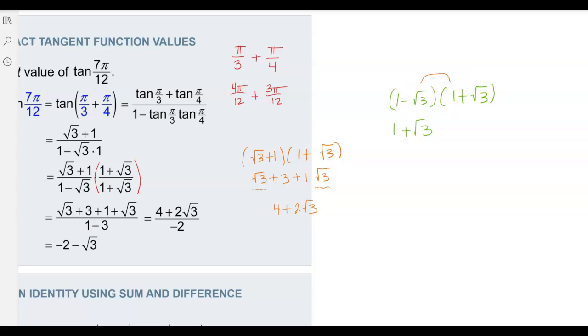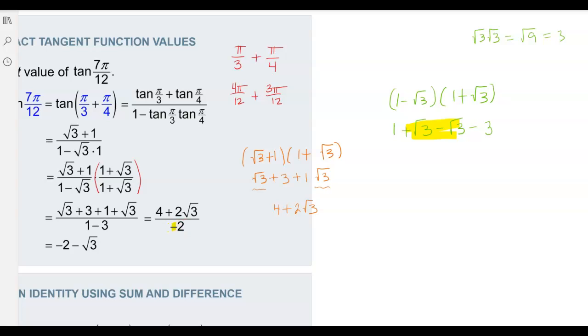Then we'll multiply this to get minus square root 3. And then we multiply this. Notice it's a minus multiplied by a plus, so we're going to have minus 3. Square root of 3 times the square root of 3 is square root 9, which is the same as 3. Okay, so these two are going to cancel each other, and I just have 1 minus 3, which is negative 2. That's what they've got down here in the denominator.